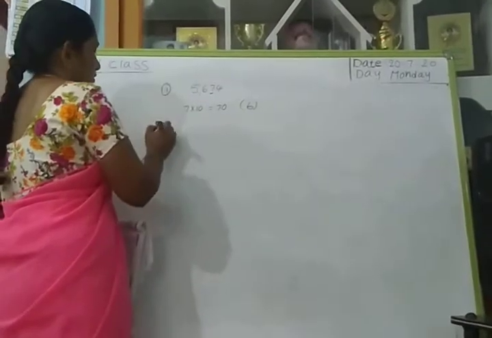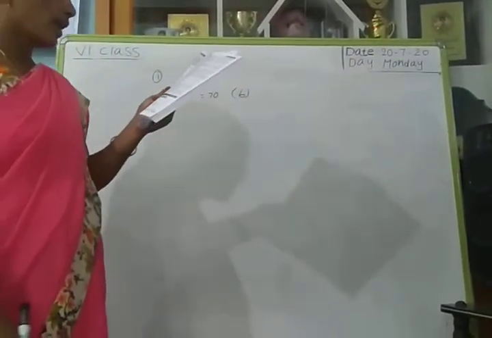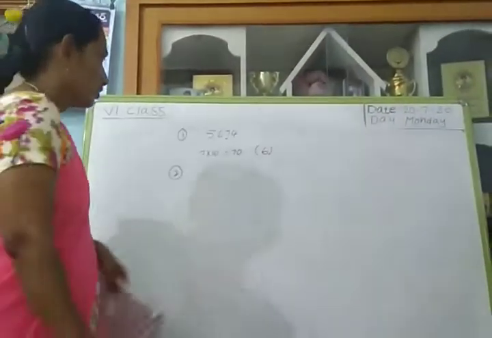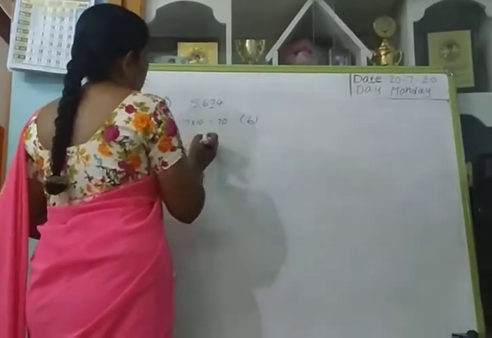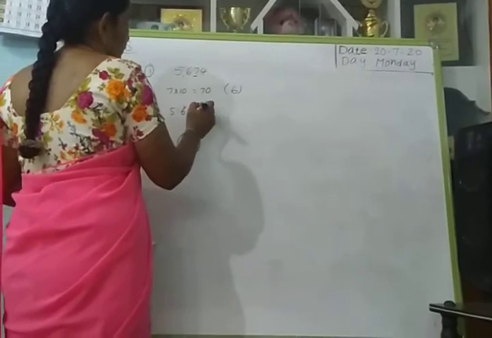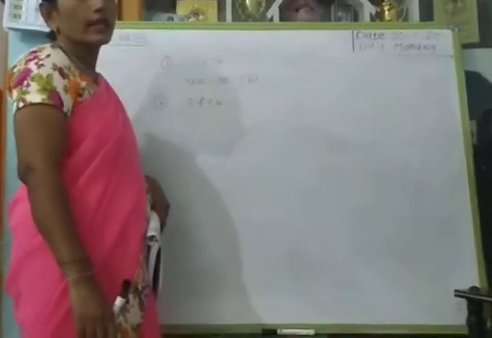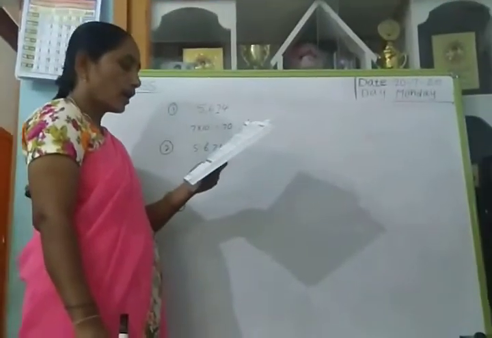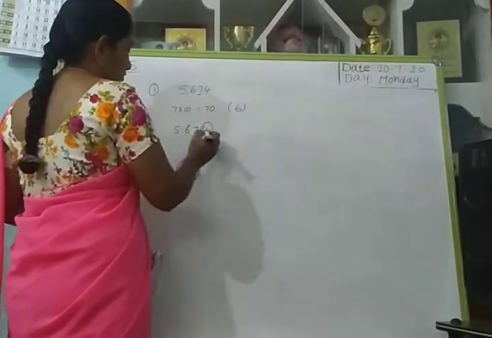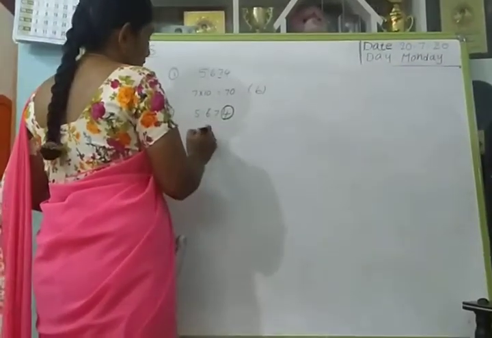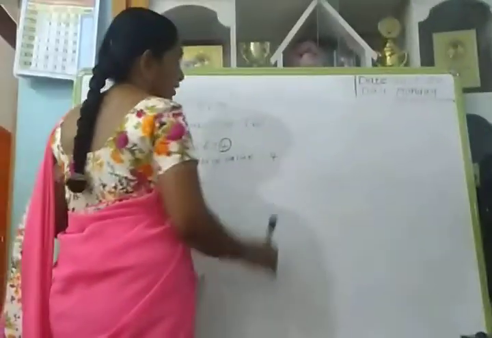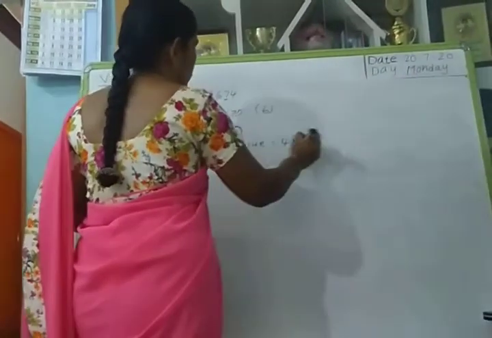Option B. Second one: place value and face value are always equal at which place? For example, if you take ones place, what is the place value of 4 in this number? 4 into 1, 4. 4 is in the ones place.